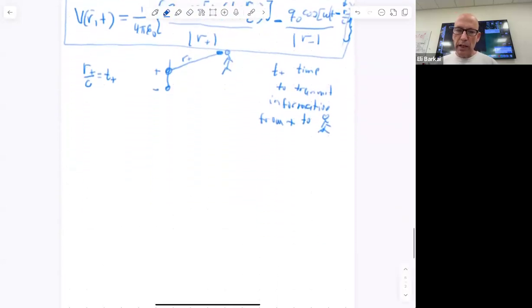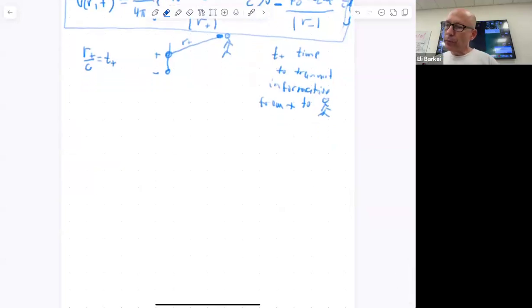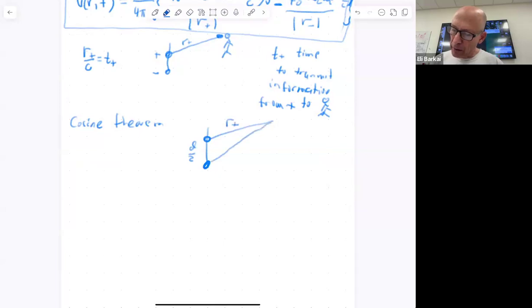Now, what we need to do is analyze this equation, and we do it with the cosine theorem that you all saw millions of times. So for example, I have here the origin, this is d over 2, this is R plus, this is r, and this is theta.